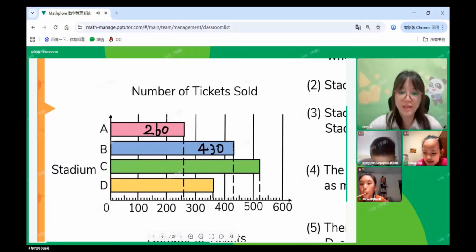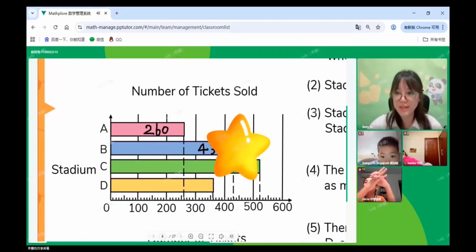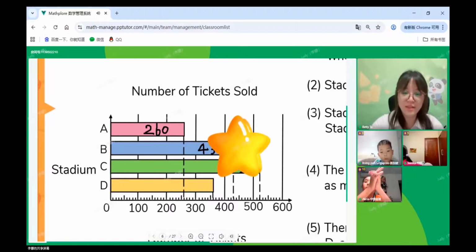Yeah, 3. Good. C. Stadium C, 520. 500. 520. Good, 520. Last one.